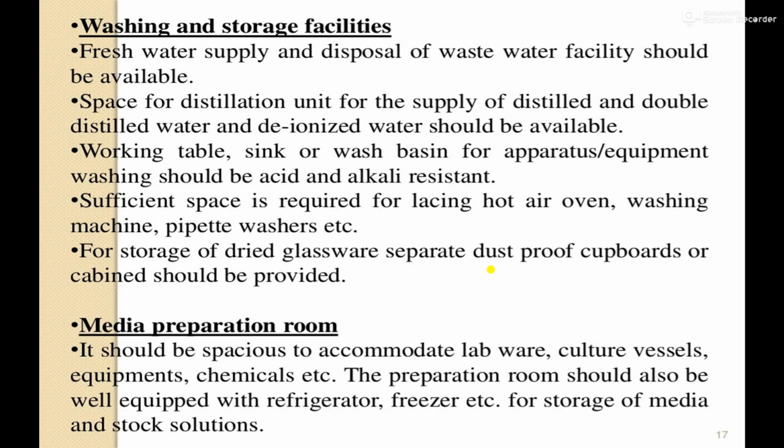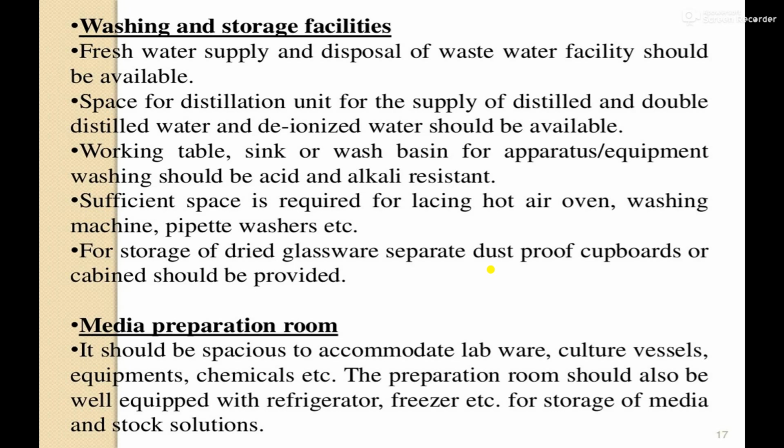Space for a distillation unit for the supply of distilled, double distilled and deionized water should be available. Working table, sink or wash basin for washing apparatus or equipment should be acid and alkali resistant.